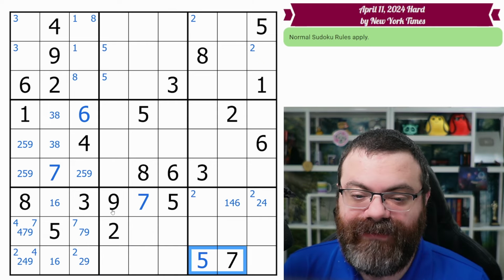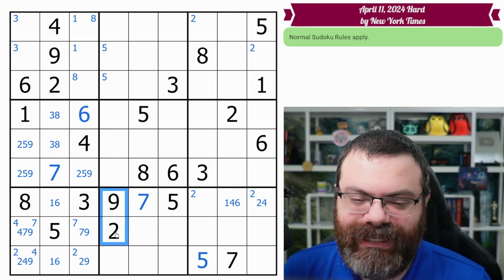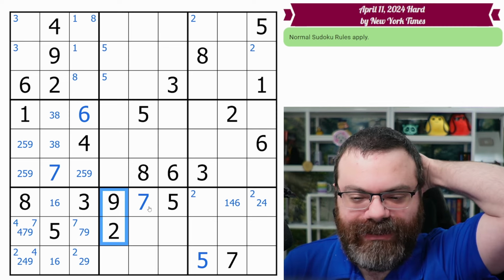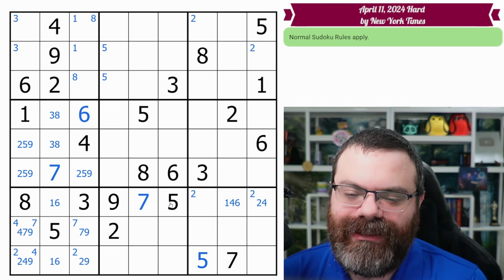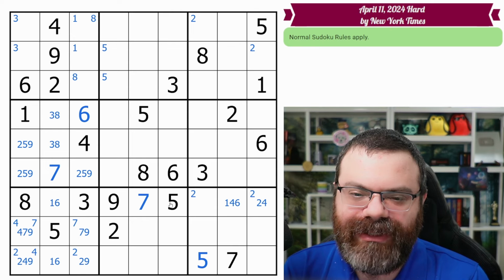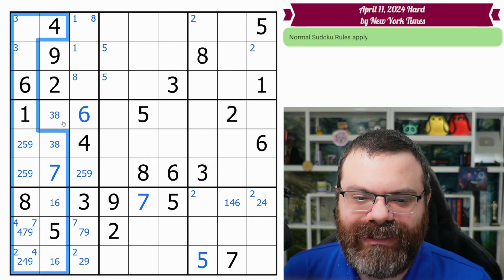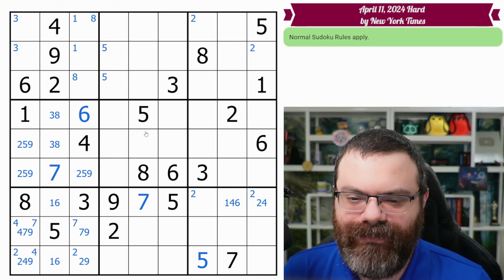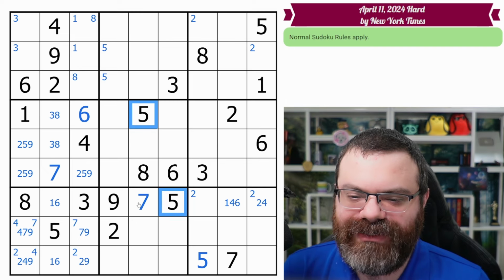But we already have the 5 and the 7, so yeah, my normal scanning techniques are actually not finding a whole lot in this puzzle today. It's interesting. So we're going to have to find it in other ways, but we still have a vertical scan. We already vertically scanned this stack, so I'm going to skip it. This stack, we got the 5s already. No other repeats.